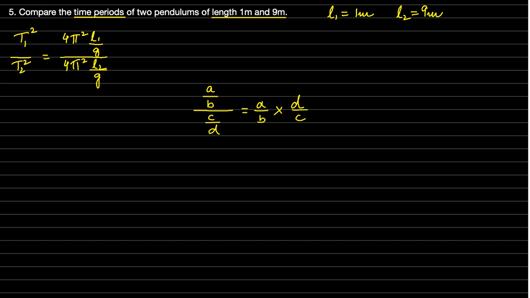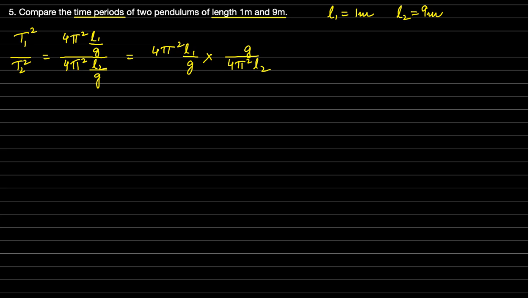The same thing we are supposed to do here. So I just write it 4 into pi square L1 divided by G into, the denominator is inversed and multiplied, so G divided by 4 pi square L2.